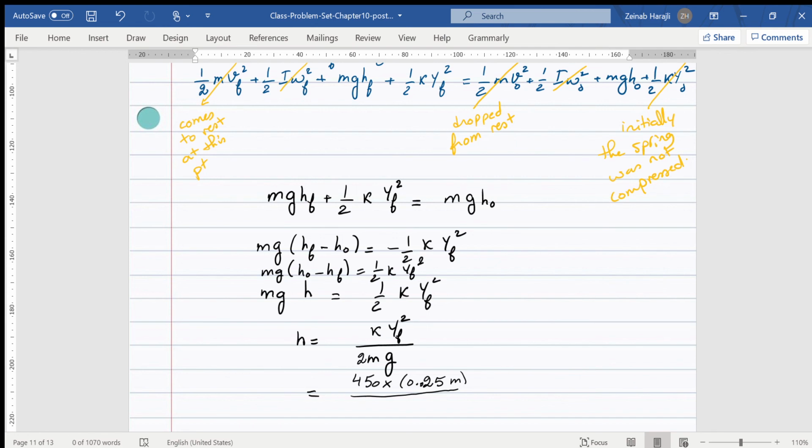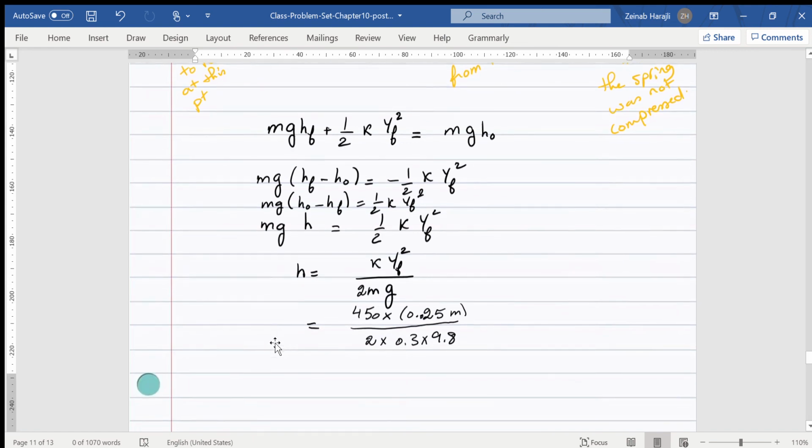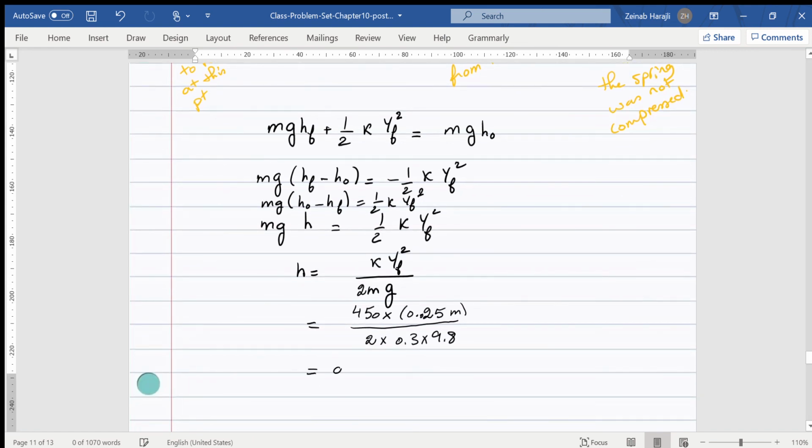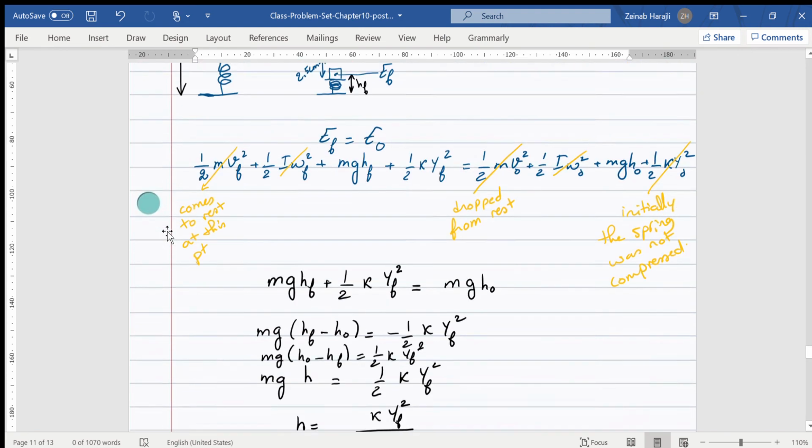Sorry, I forgot the 2 here from the half. So we have 2 times the mass, which is 0.3 kilograms, times gravity, which is 9.8. And then we get a height of 0.048 meters, or 4.8 centimeters, from which we have dropped this block.